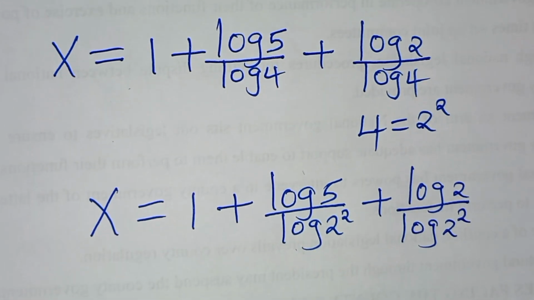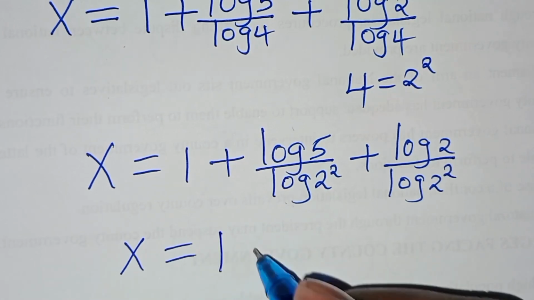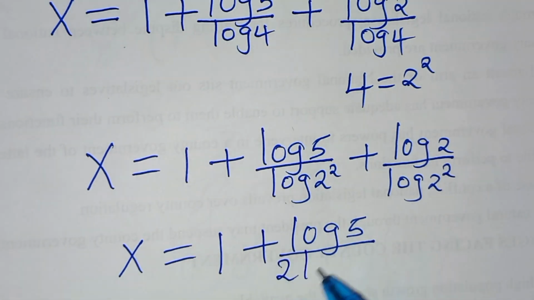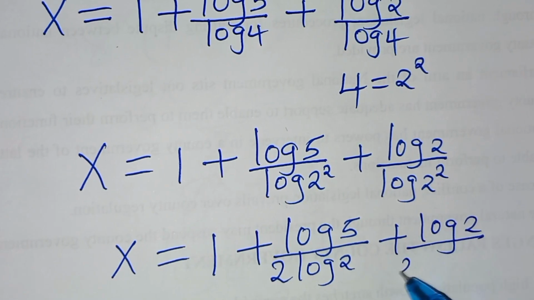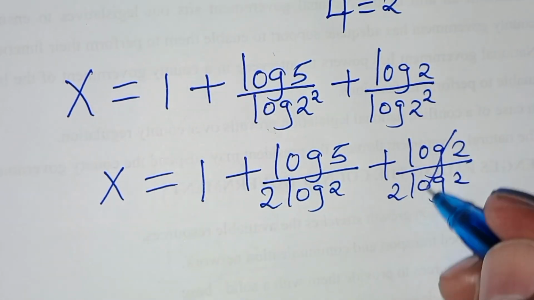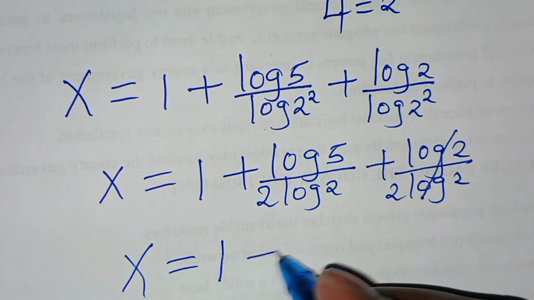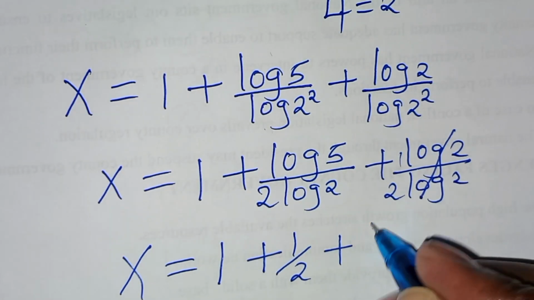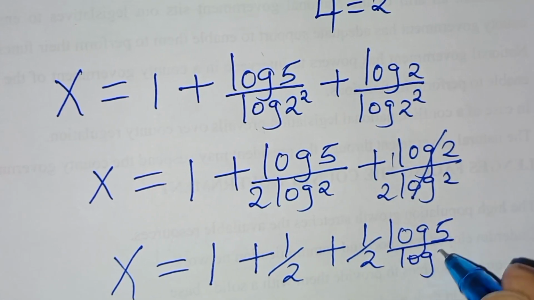Now applying the power rule property here, log 2 to the power 2 becomes 2 log 2. So x is 1 plus log 5 divided by 2 log 2, then plus log 2 divided by 2 log 2. So log 2 and log 2 simplifies, so that now we have x is equal to 1 plus a half plus a half log 5 divided by log 2.